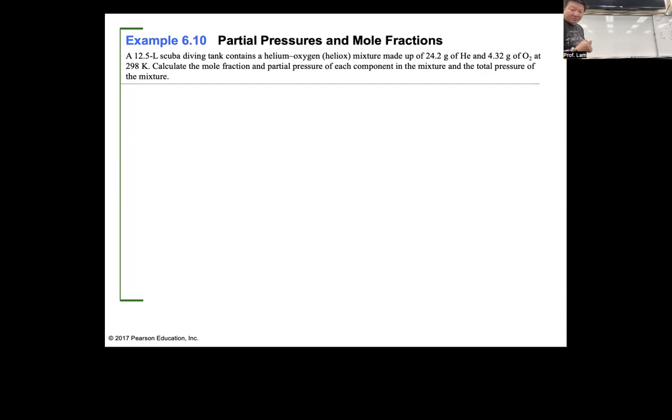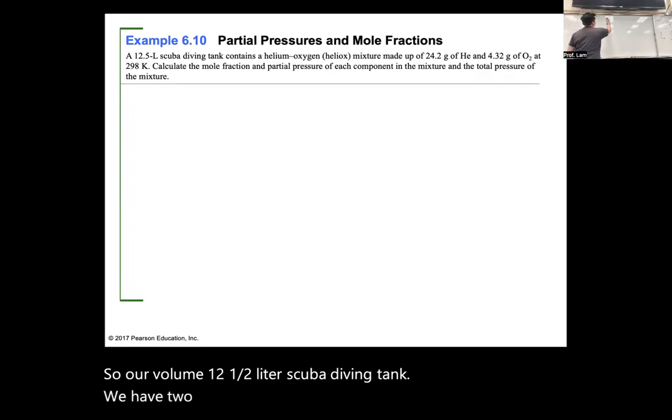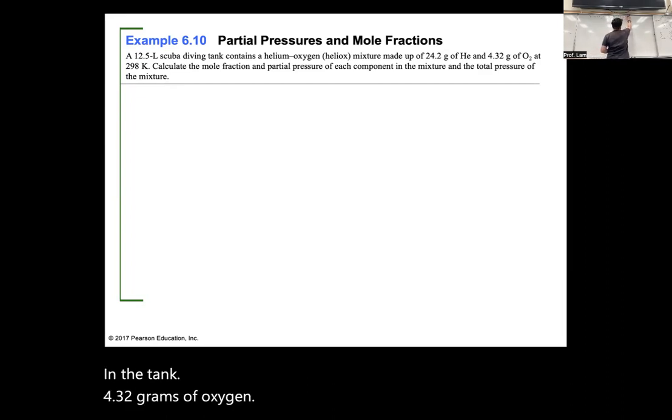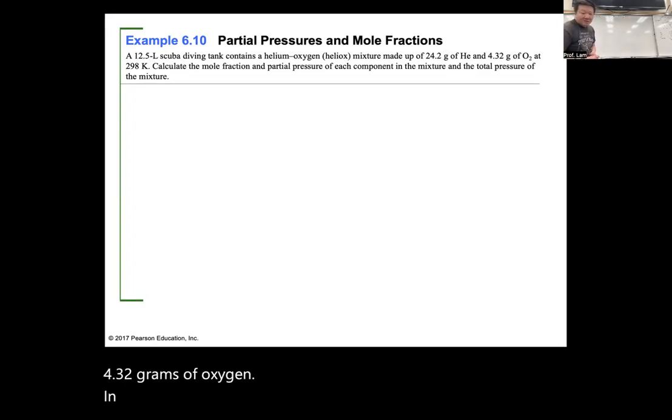So our volume, 12.5-liter scuba diving tank. We have 24.2 grams of helium in the tank, 4.32 grams of oxygen in the tank, and temperature is 298 Kelvin.